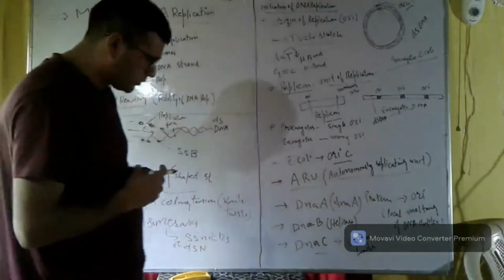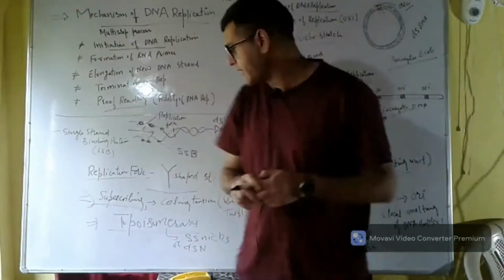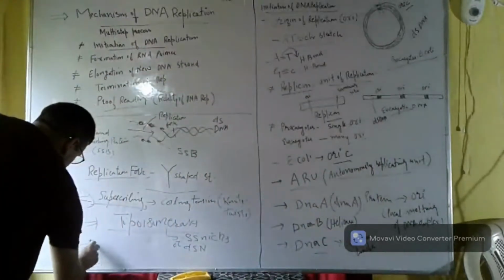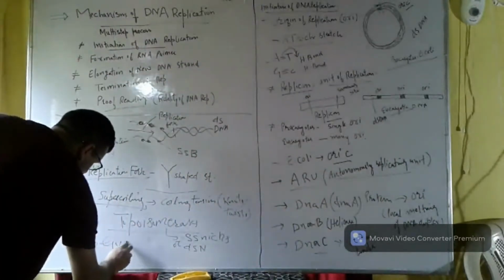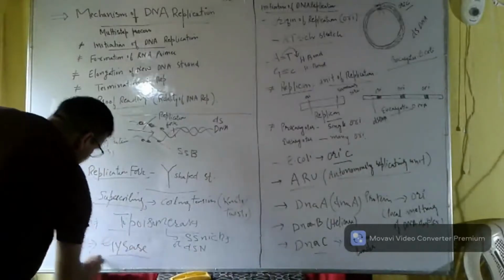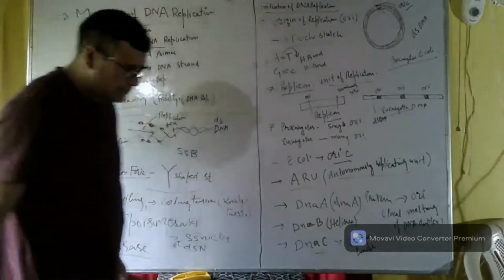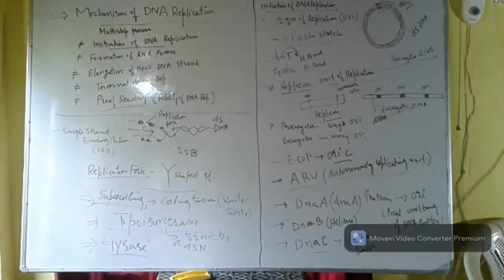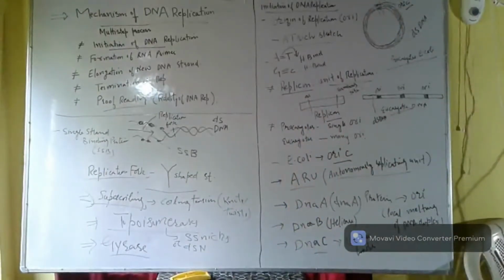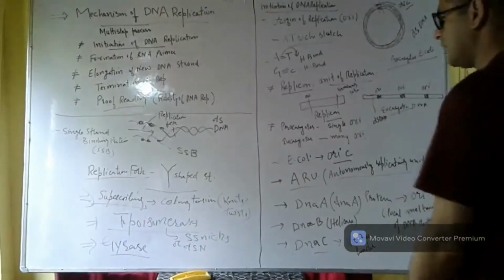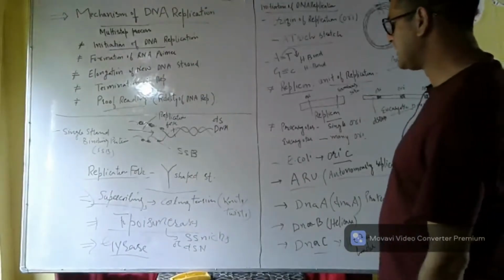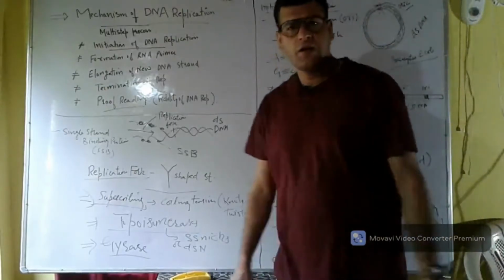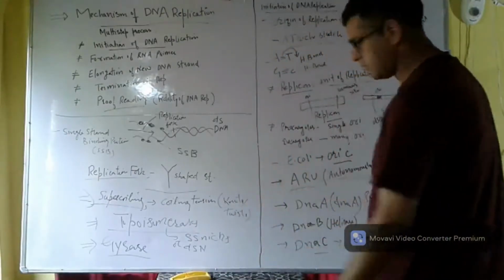In prokaryotes, there is an enzyme known as gyrase, which takes the function of topoisomerases. So topoisomerases are important for relieving the supercoiling tension in double-stranded DNA during the replication process.